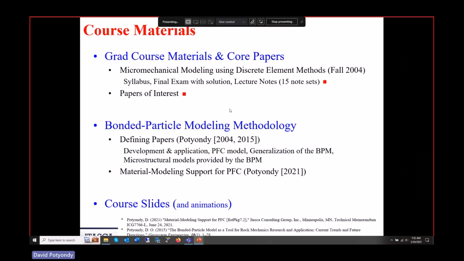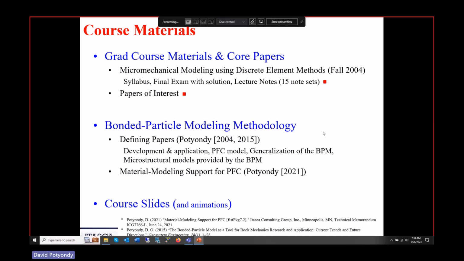It turns out that in the fall of 2004, I was a professor at University of Toronto, and of course I taught a graduate course called Micromechanical Modeling. And you have all those materials. In particular, you have a set of lecture notes. These are handwritten, hand-printed notes. There are 15 different topics that are addressed.